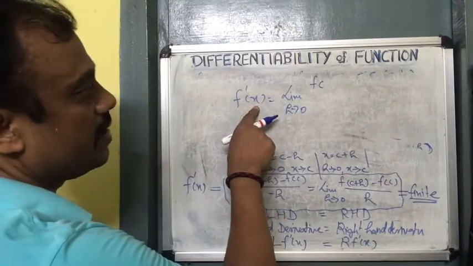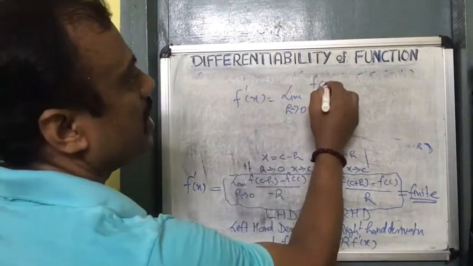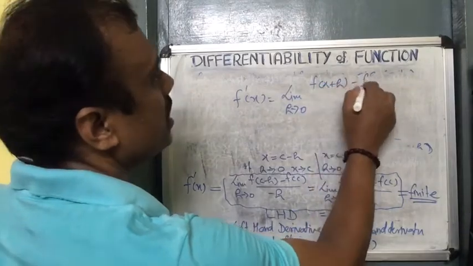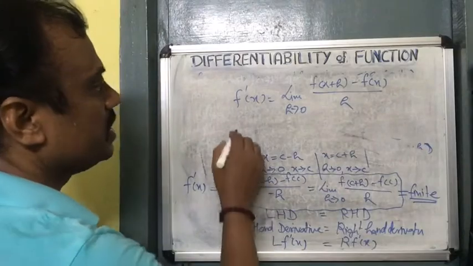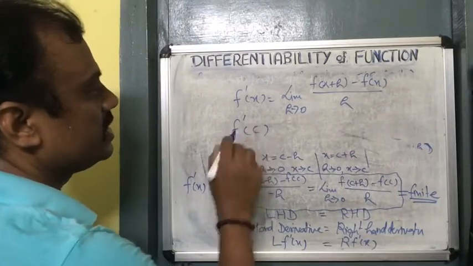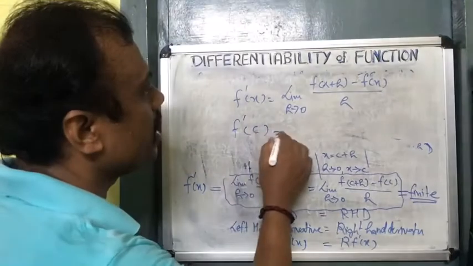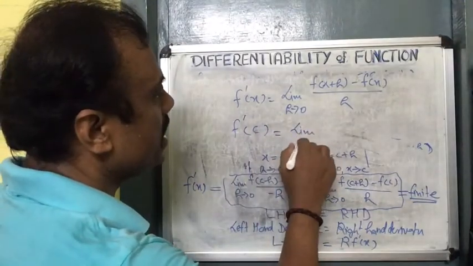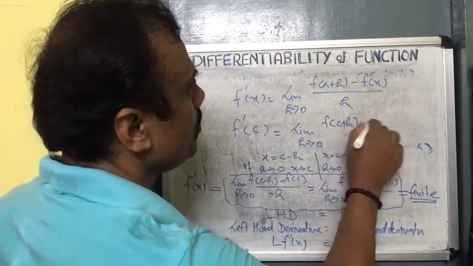Since here I have taken f dash x, so in place of point c I will take x plus h minus f of x upon h. If we are interested in f dash c, meaning the derivative of the function at point c, I have to write it this way: limit h tends to 0, f of c plus h minus f of c upon h.